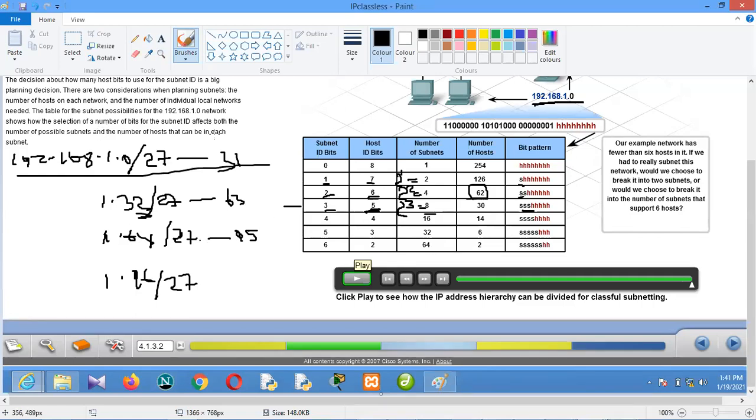If you don't want to use this method, you can also say 2 raised to the power 8 is going to give me what? 256. So here, I borrowed 1. How many networks am I going to get? 2 networks. So I just divide by 2.